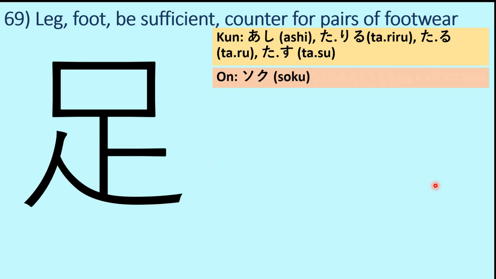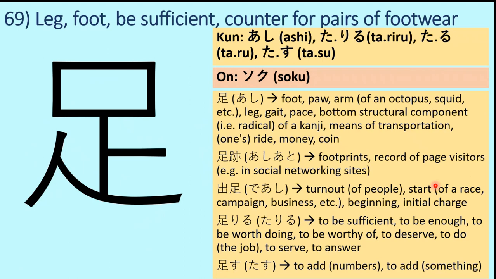Then we have the next character for today, which is for leg, foot, to represent sufficiency, and a counter for pairs of footwear. In Kun'yomi, there are several readings: ashi, ta-riru, taru, tasu. In On'yomi, we have soku. These are the Kun'yomi meanings.